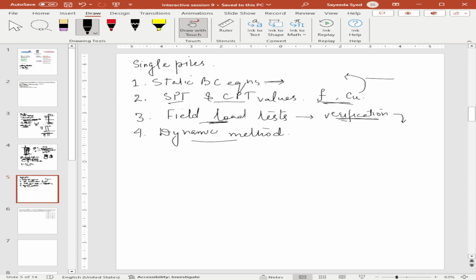It gives us some information according to the hammer that we are using for the purpose of pile driving. It gives us information based on the resistance offered by the soil to the penetration during pile driving. It's an indication of its bearing capacity.